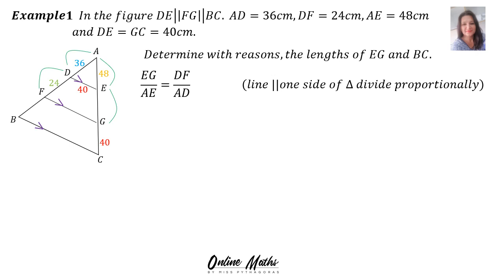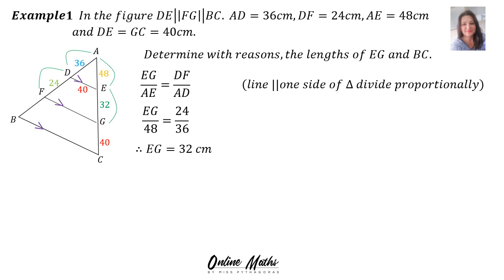And then we can substitute. EG is what we're looking for. AE was 48, equals DF is 24 and AD is 36. And now we will multiply away the 48 and EG is 32. And we can fill it in.